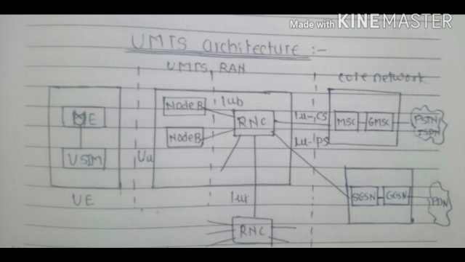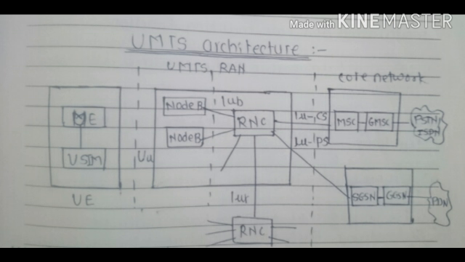First is the user equipment. It is subdivided between user equipment and the SIM, same as that of the GSM system. It is assigned to a single user. It comprises all the functions which are needed to access the UMTS network.